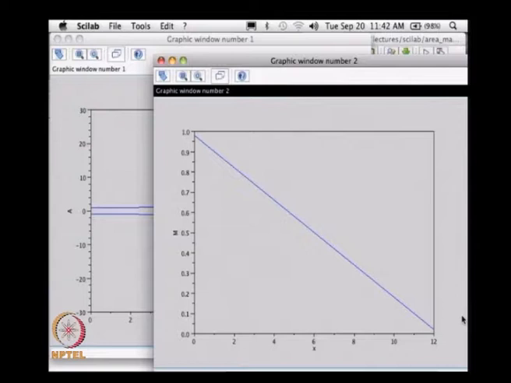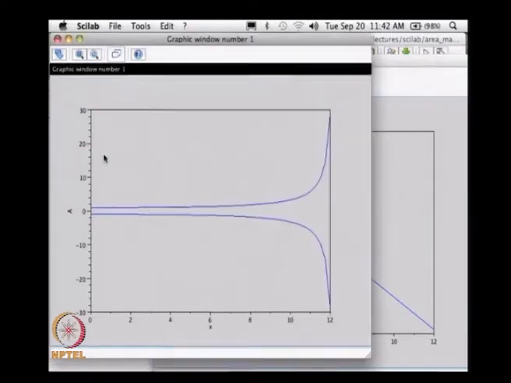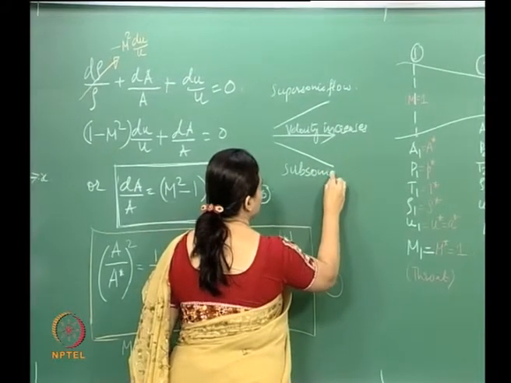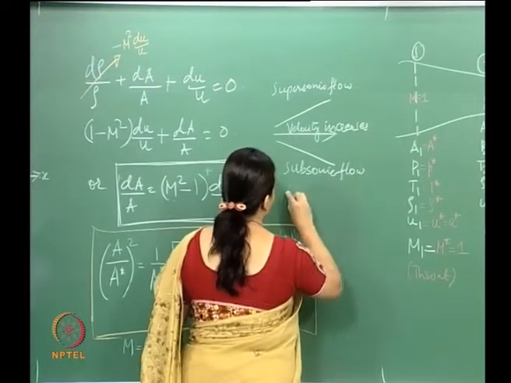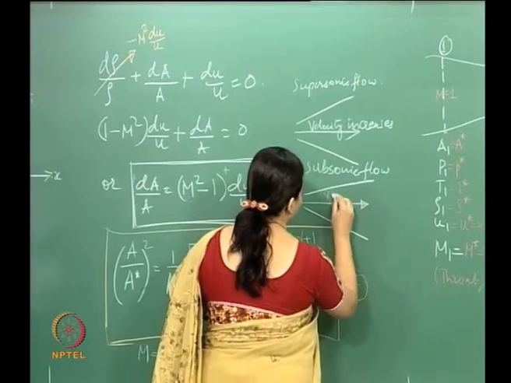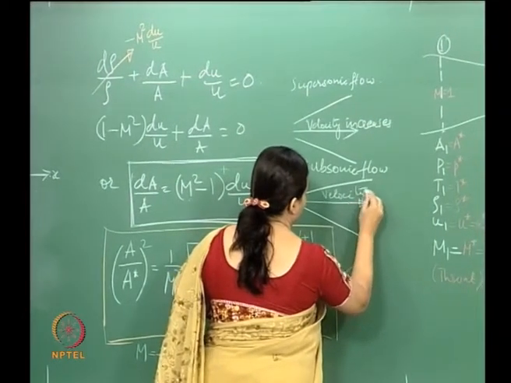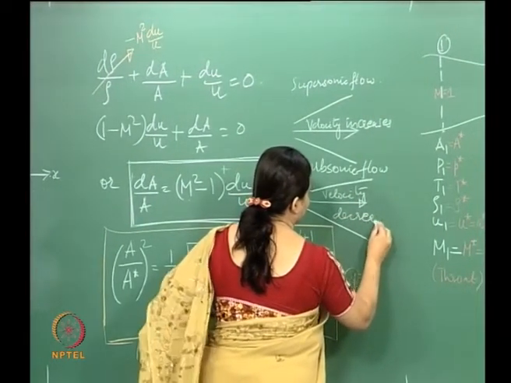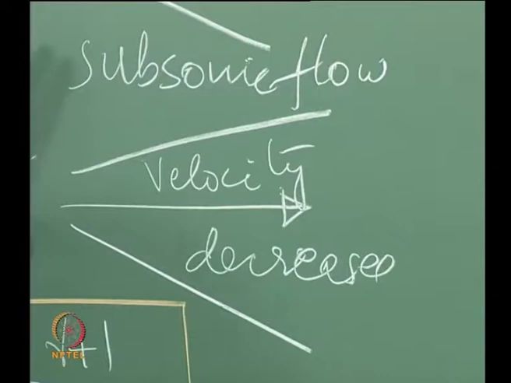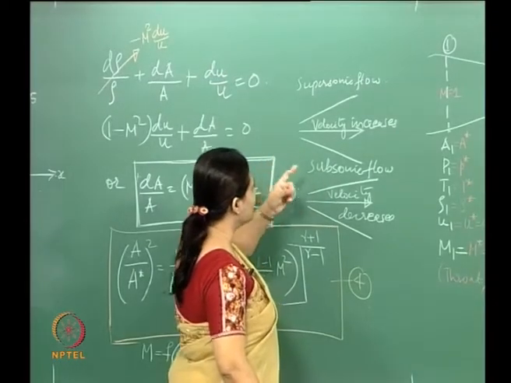The Mach number decreases in a subsonic flow. So if the area is increasing but the Mach number is decreasing, the flow is slowing down. So in a totally subsonic flow, there is an increase in the area, but the velocity decreases, as you can see. This is essentially the difference between supersonic and subsonic.